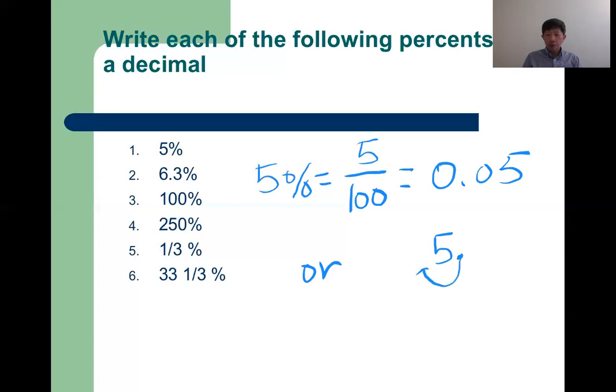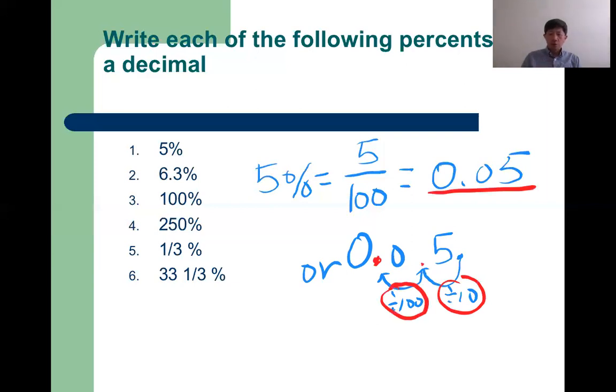Divided by 10, the decimal point moves right here. Divided by 100, the decimal point is right here. So therefore, it's 0.05.